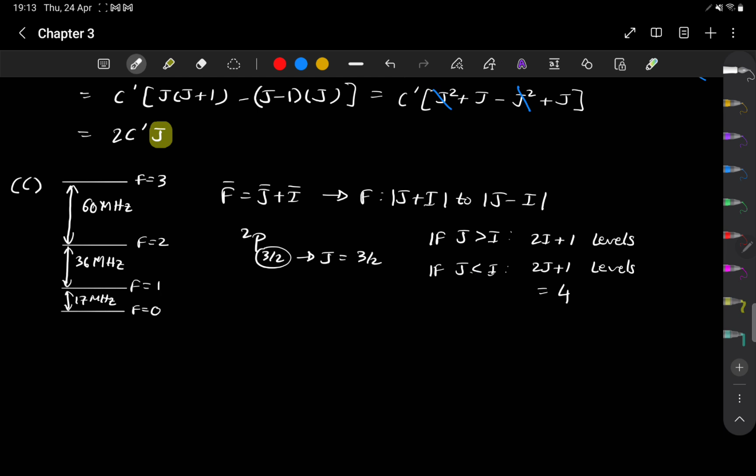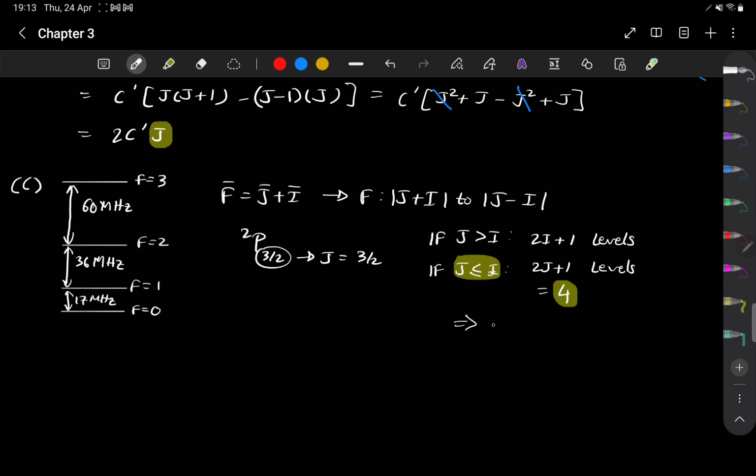This is the case J less than or equal to I. And clearly we can see 4 levels. We are given 4 levels. So that means the condition that we are in is J less than or equal to I, because we see 4 levels.